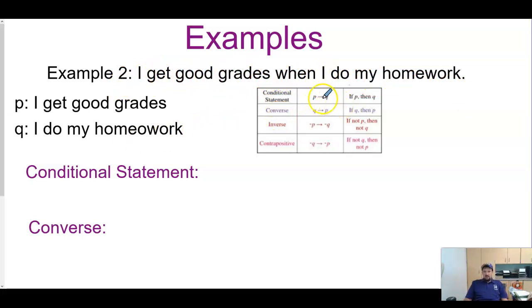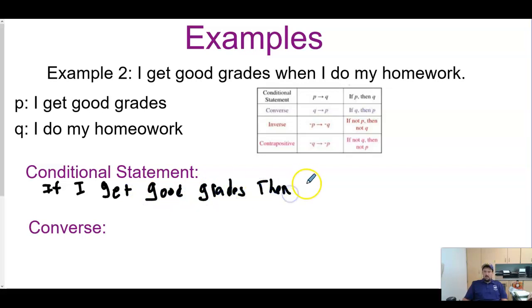The conditional is if P then Q. So we're going to say if I get good grades, then I do my homework. And then the converse.